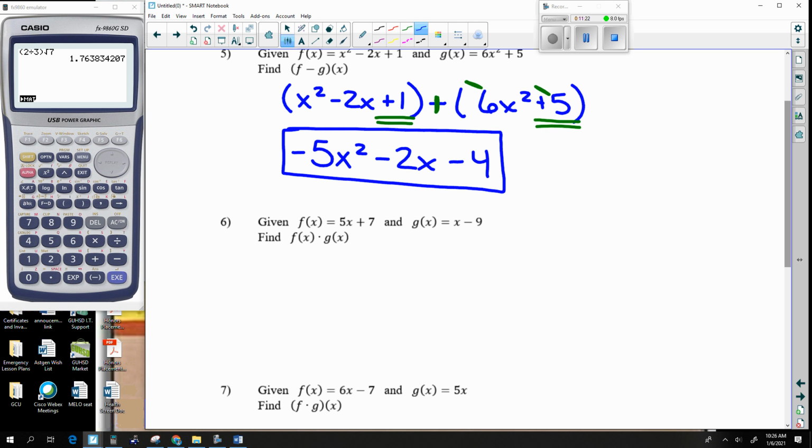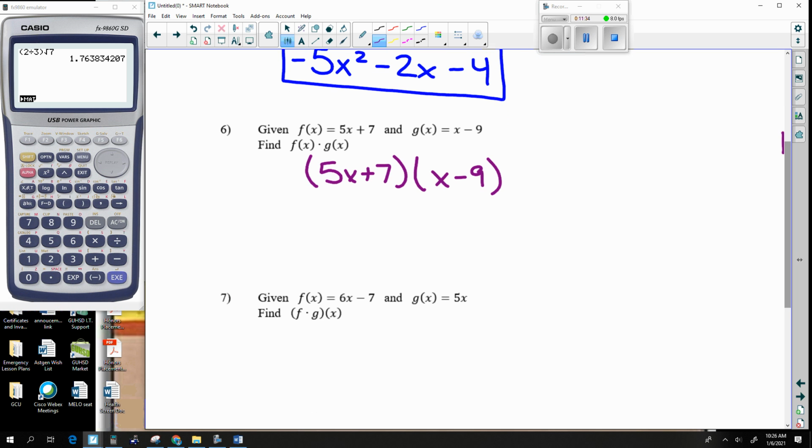Okay, here we have f times g in this next problem. So f times g. And when we have a multiplication, okay, this is a multiplication in the middle, we have to do what people refer to as the FOIL method, those sort of things.